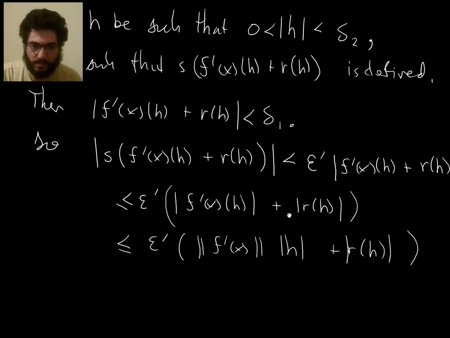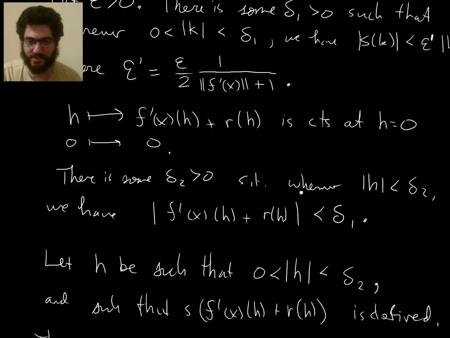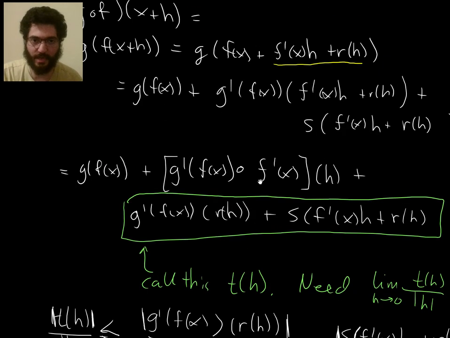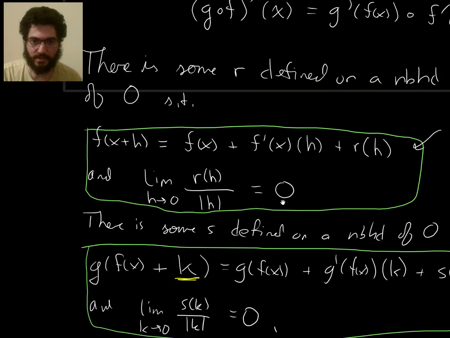So my goal to get this to work is to get an h to pull out overall here, right? So if I want to control the norm of this R of h, what I want to do is get it to be less than some number times the norm of h. And I should be able to do that thanks to this fact about R of h.